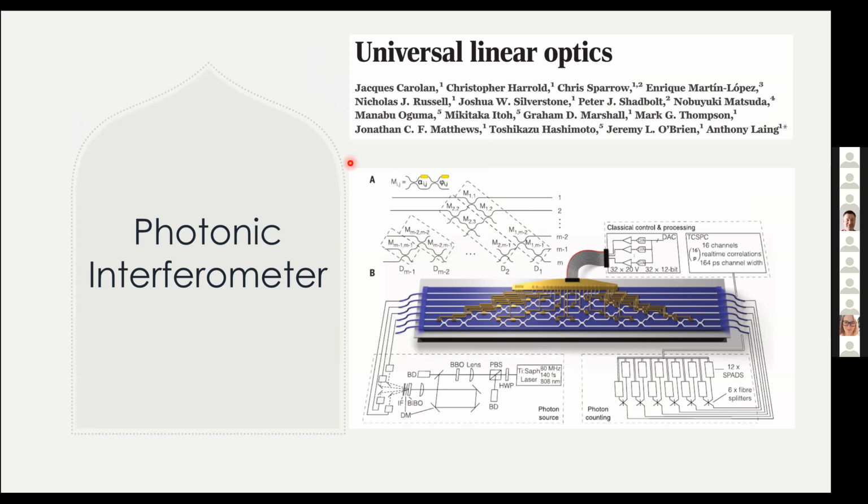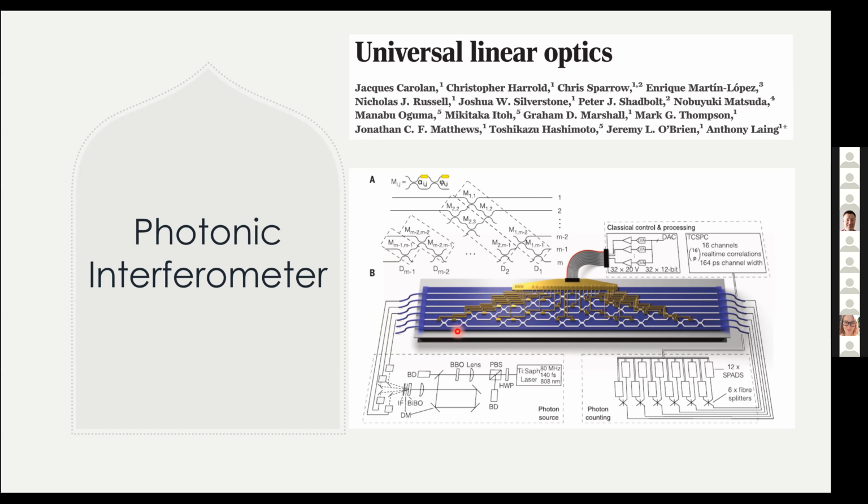So in the lab, this is the chip we use for this experiment. It's not specifically created for this experiment, but this is the one we use in these experiments. It was described in the universal linear optics paper in Science by all of these authors, and it's a 6-mode Reck scheme.